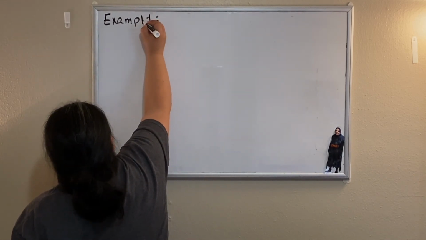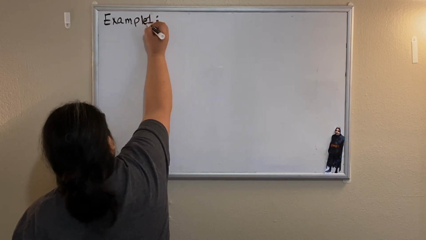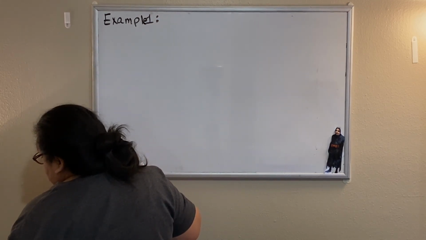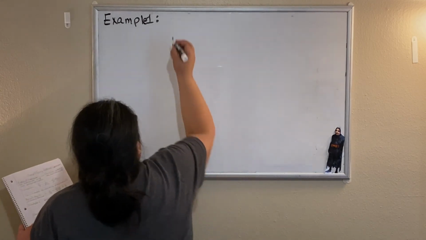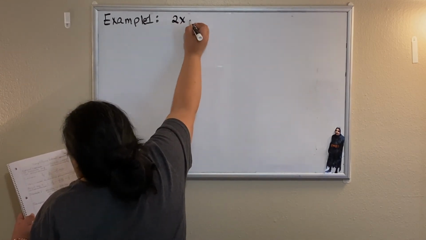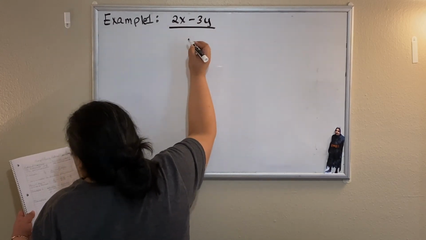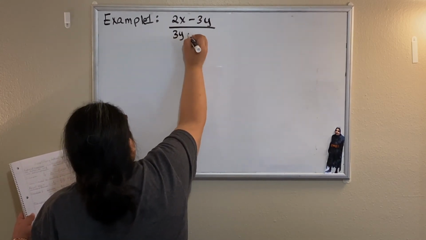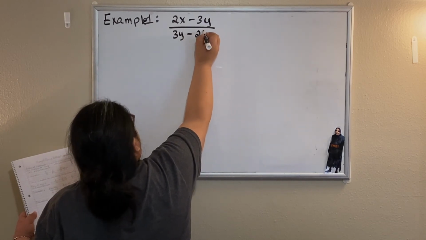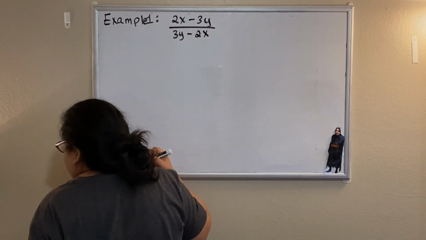Ooh, I misspelled example. There we go, example 1. And we have 2x minus 3y. And we're going to put that over 3y minus 2x.